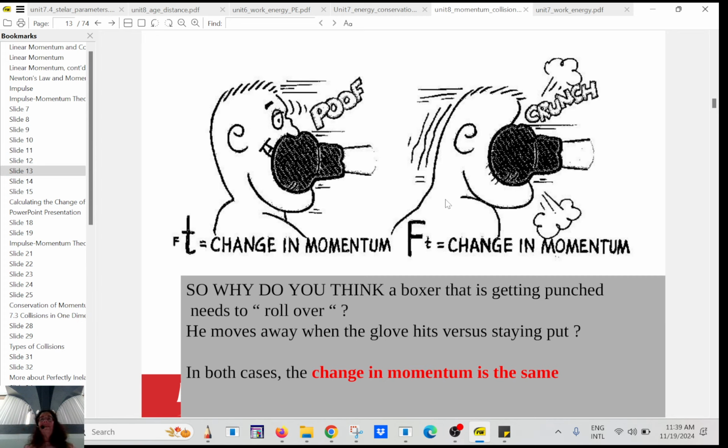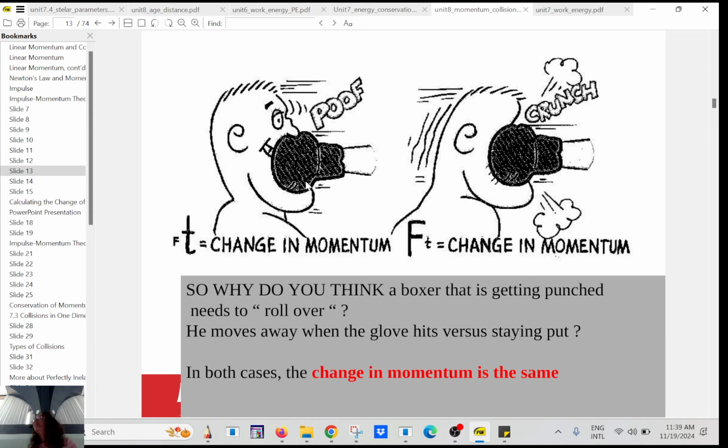He did many things. And he's very good at drawing. So here is the story. If you are punched, for a given change in momentum, you are punched like this, a jab, boom. Do you just stay stiff or do you roll over?